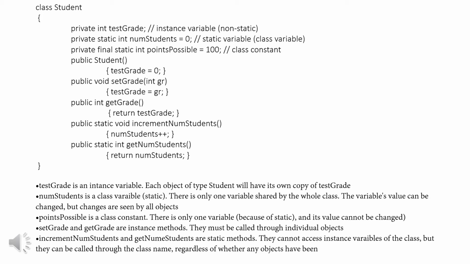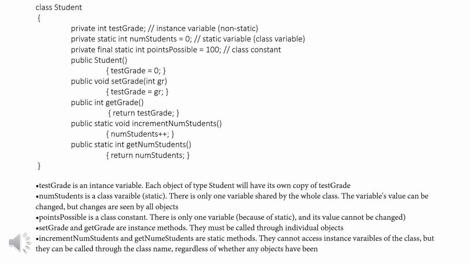So by creating one object from this class and calling this method, for example, student1.setGrade, then this method would be called, right? And a value would be assigned to the testGrade of that student.